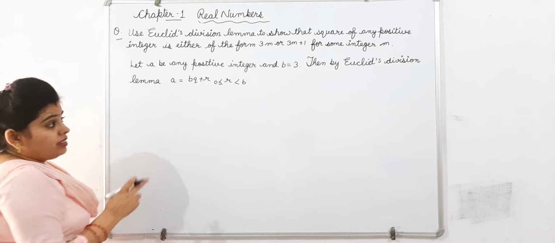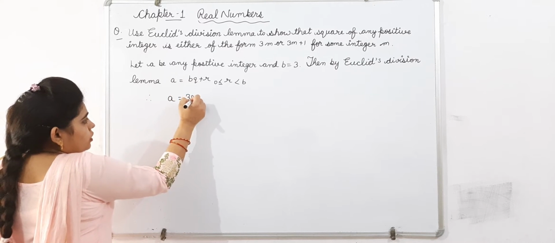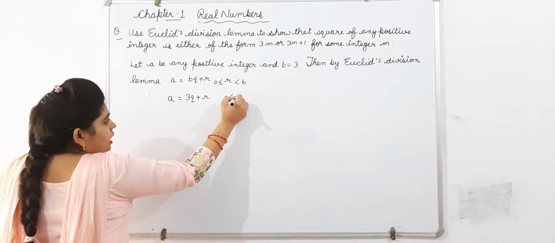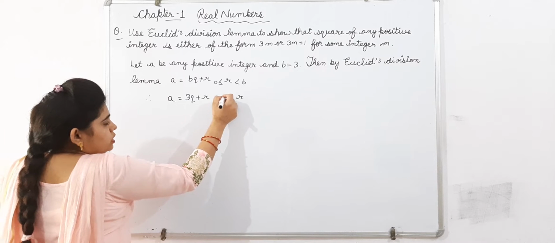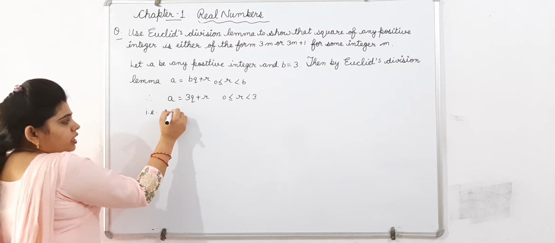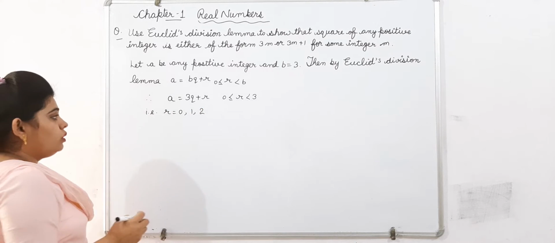But what is b? 3. So a is equal to 3q plus r, where r is greater than or equal to 0 and less than 3. That is, r can be equal to 0, 1 or 2.